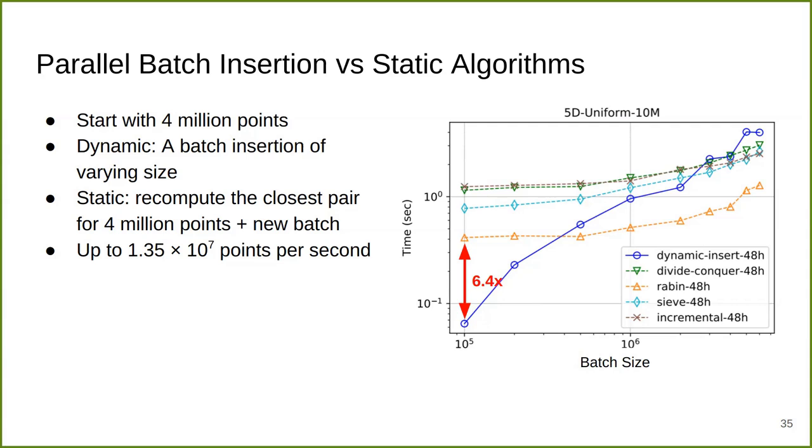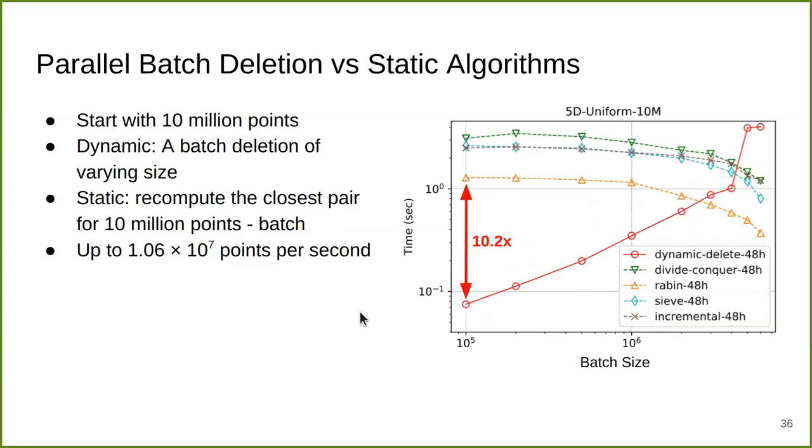But for the static algorithm, we have to recompute the closest pair for the initial 4 million points as well as the new batch. The y-axis shows the time for the updates, and the x-axis shows the batch size. For a pretty wide range of batch sizes, our parallel batch dynamic algorithm is much faster than the fastest static algorithm. And the gap actually widens as the batch size decreases.